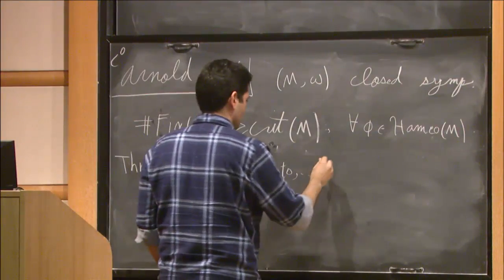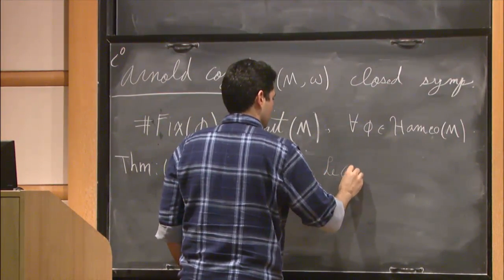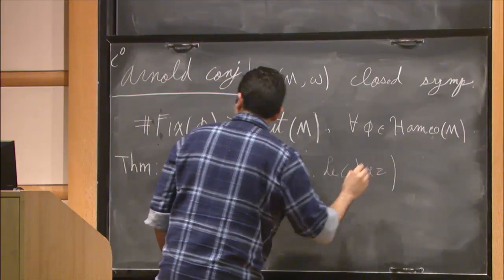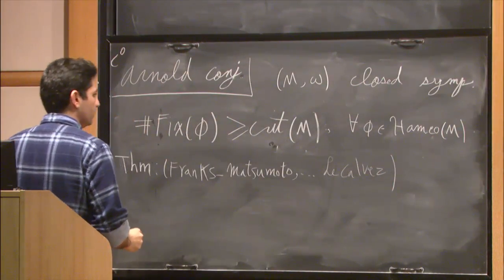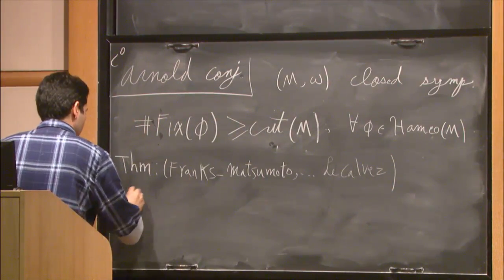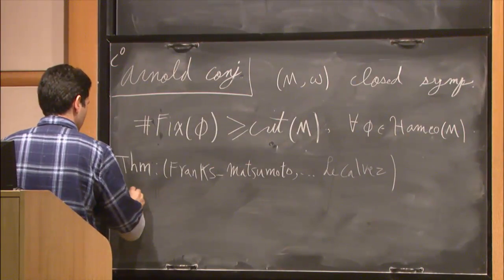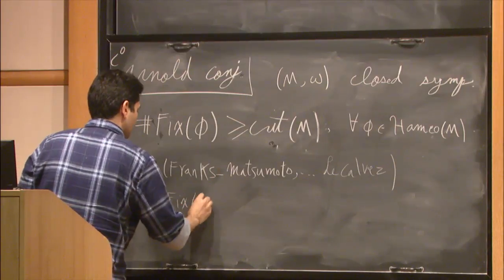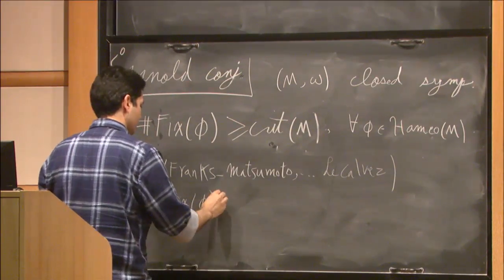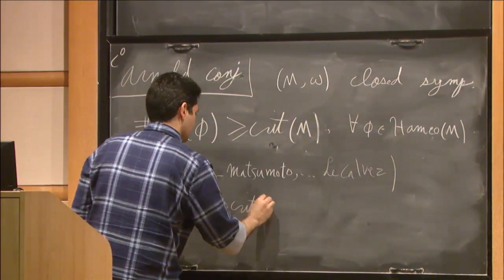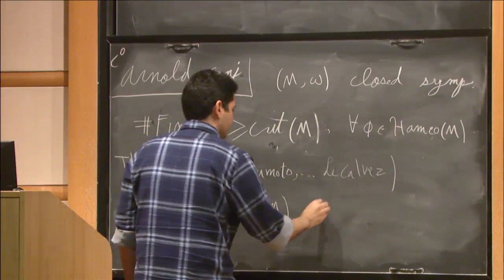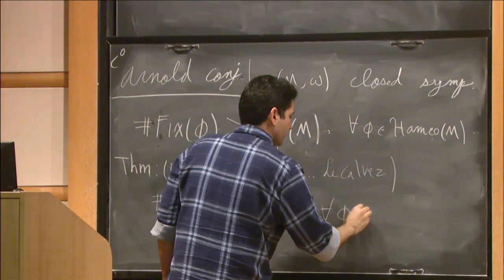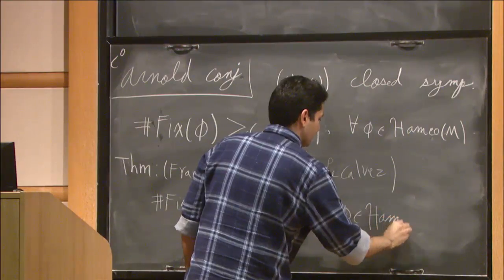These are the two who proved it first, but now there's an interesting proof by Le Calvez as well, who proved that the Arnold conjecture is true on surfaces. In fact, not just for Hamiltonian homeomorphisms, but for their definition of Hamiltonian homeomorphisms.